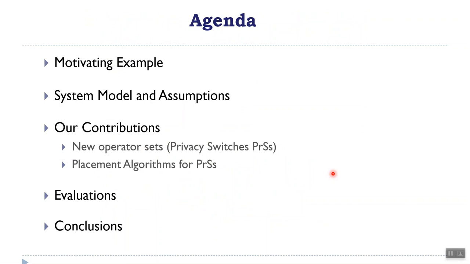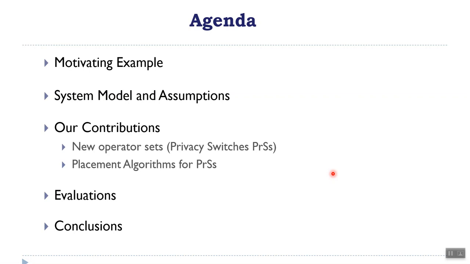For today, I'm going to start by providing a motivating example to better understand the problem, and then I'll move into describing our system model and assumptions. I will present our contributions, and we present our solution by introducing a new set of operators that we refer to as privacy switches.